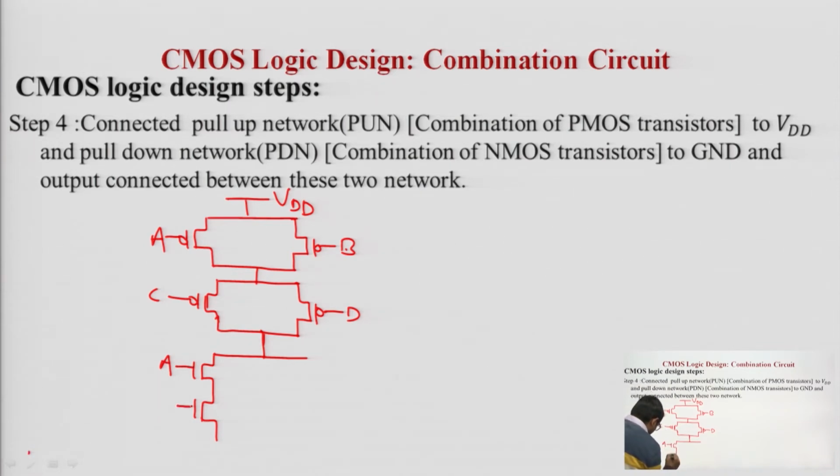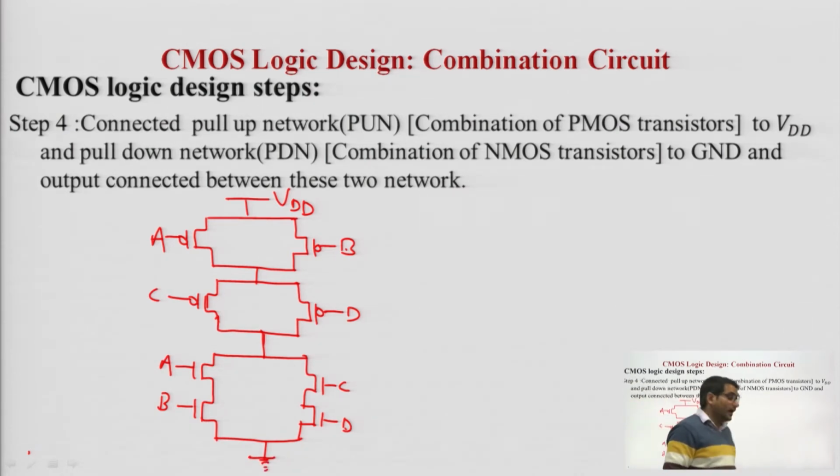Here is A. This will be B. This is the C. This will be D. Pull down network connected to ground and pull up network connected to VDD, the power supply, and output taken from between these two networks.